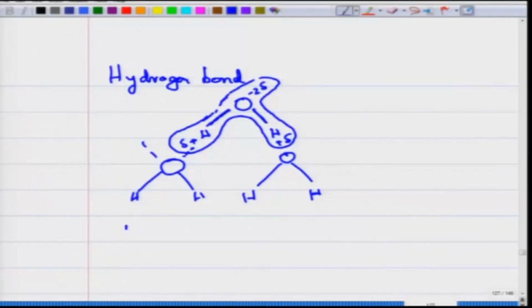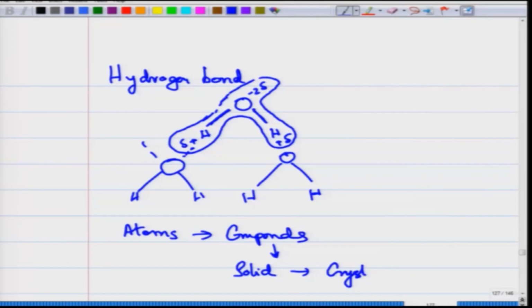So, from atoms you form compounds, where two different atoms join together and form a compound, and from compounds you form a solid, where these different components are periodically arranged in space to form a crystal.